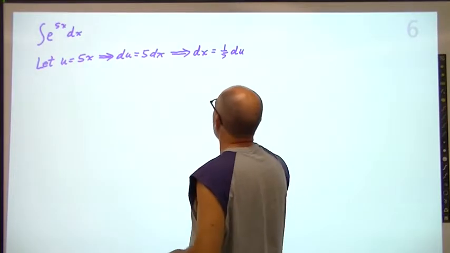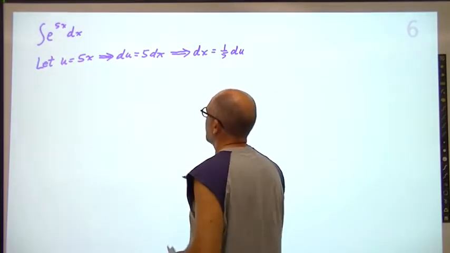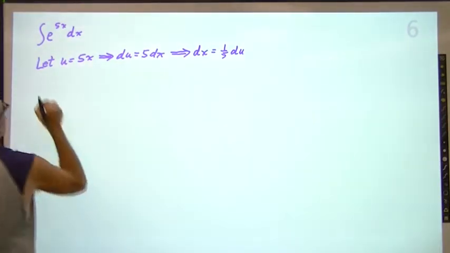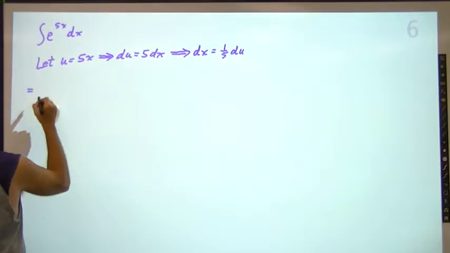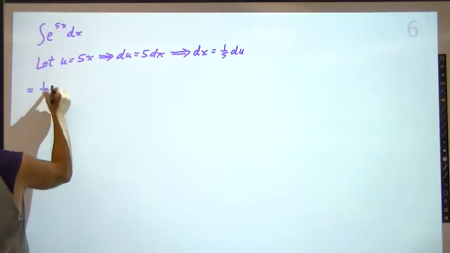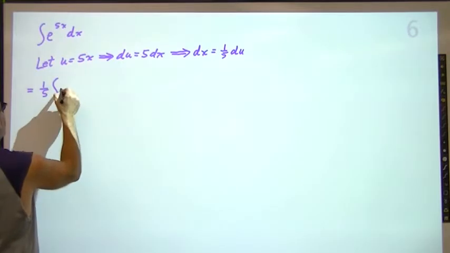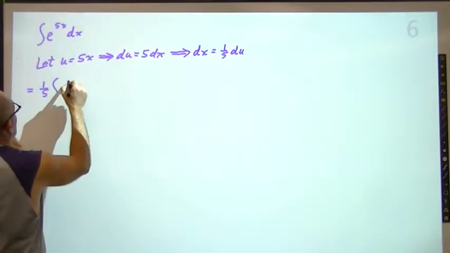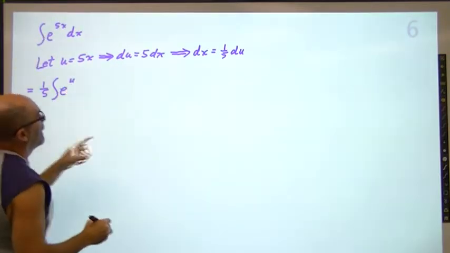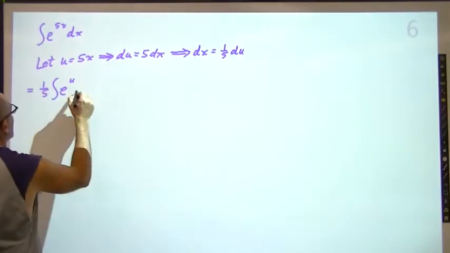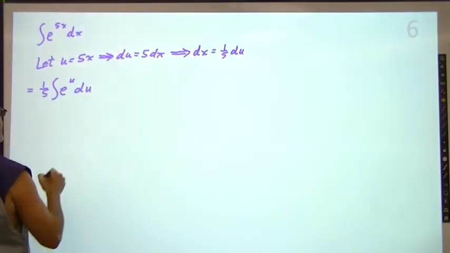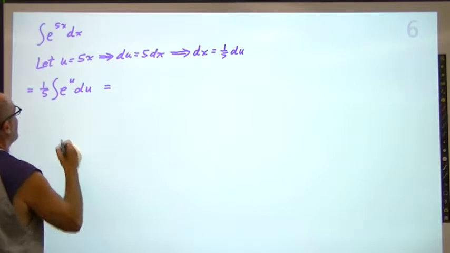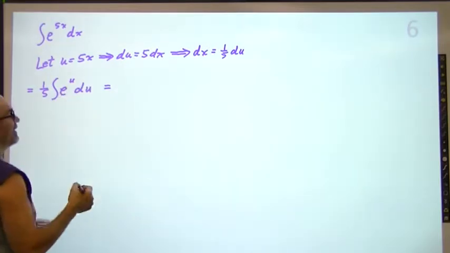All right, now I'm ready to substitute. So this becomes 1/5 integral of e to the u du. Okay, so now I have the integral of e to the u is e to the u.